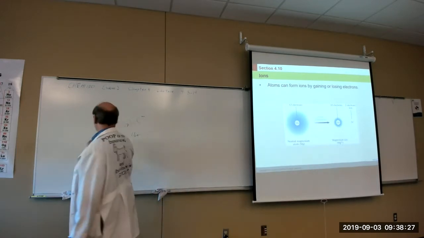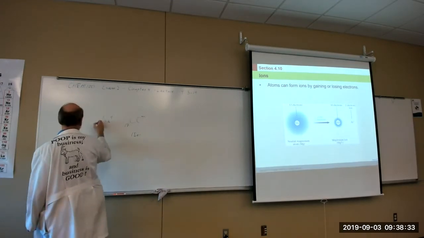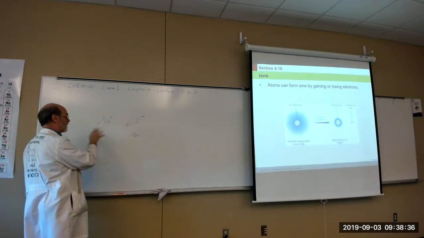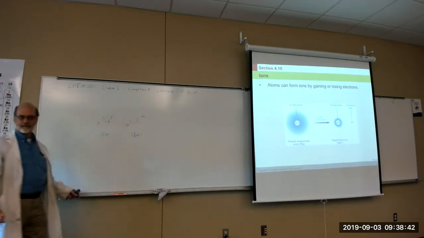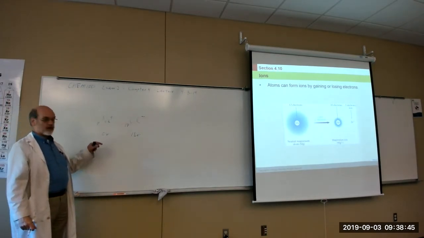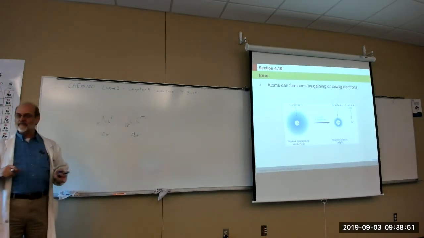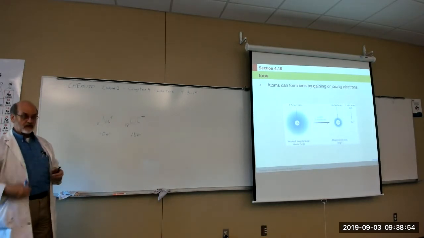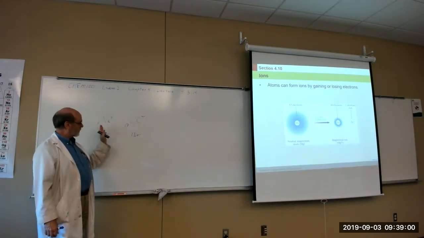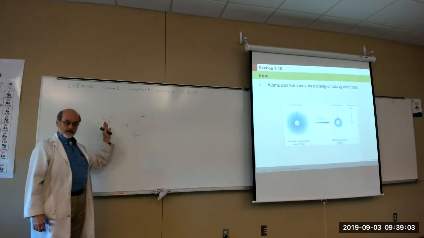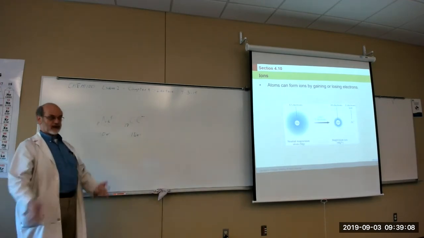If we're going to form table salt, then sodium is going to be positive 1 charge. So how many electrons would it have? 10, right? It has 1 extra proton that's not neutralized. That makes it a positive 1. And then sodium chloride forms a compound by electrostatic attraction. Sodium attracted to chlorine. Once you transfer that electron from here to here, you get ions, and then the ions attract electrostatically. That's one type of compound, ionic.